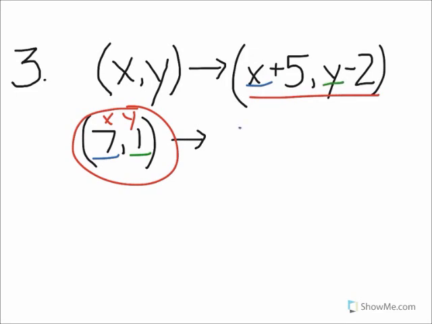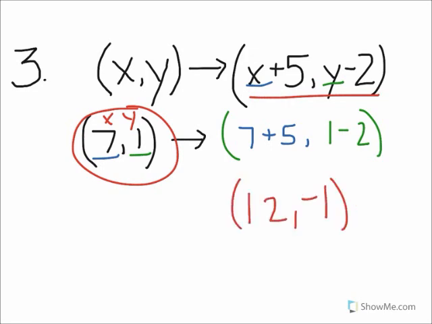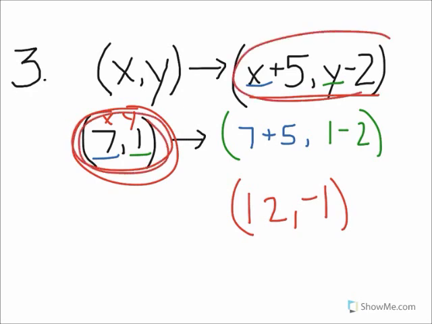So this would end up being 7 plus 5, comma, 1 minus 2. The end point would be 12, comma, negative 1. That is your final point. That is this after it is put through this coordinate notation.